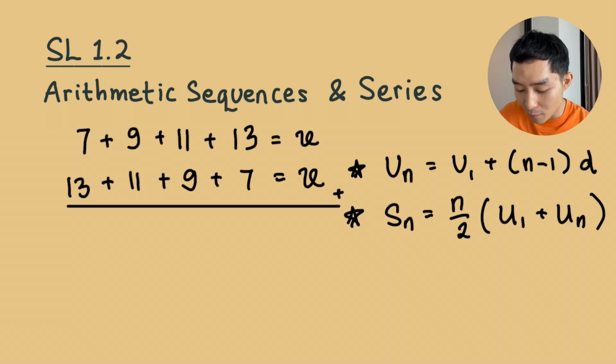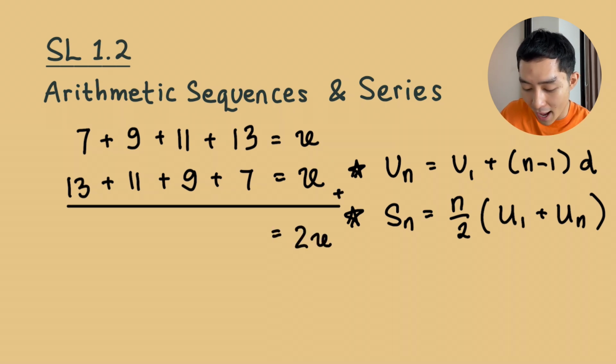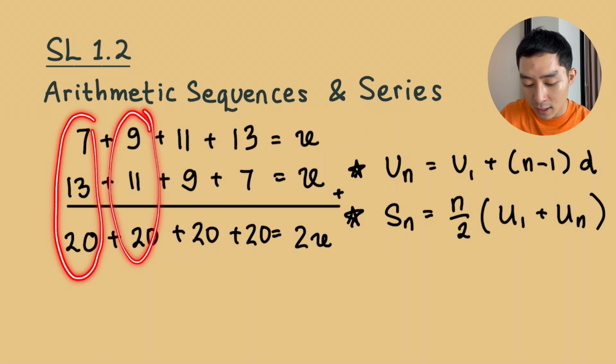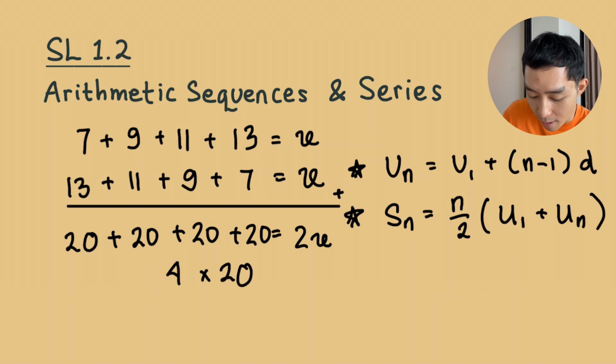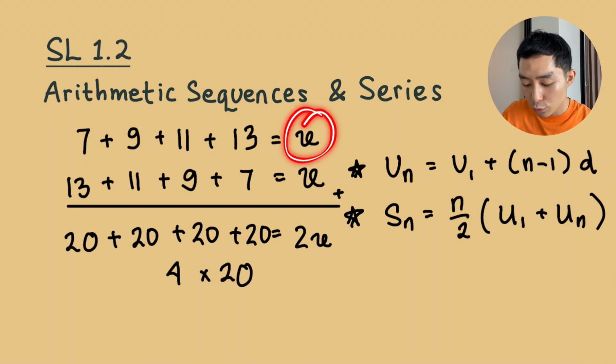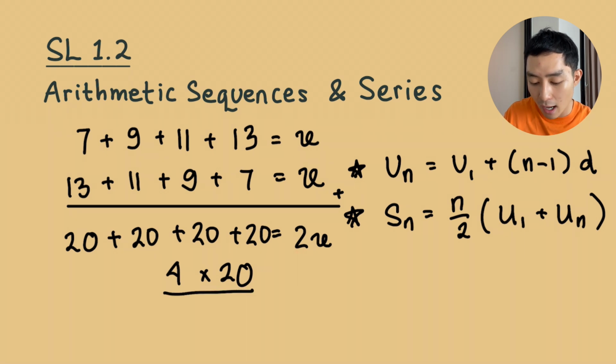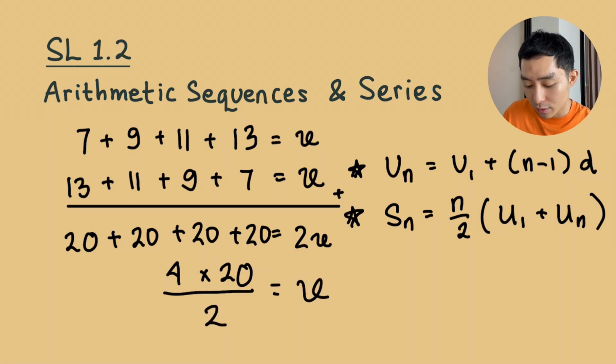On the right hand side, we will have 2x, and we can see that it is 20, 20, 20, and 20. Take a look that we have 4 terms and we have 4 20s. So that's how I'm going to write it: 4 times 20. And because we want to know x instead of 2x, we move this to the left hand side, it becomes division by 2, and that equals x.